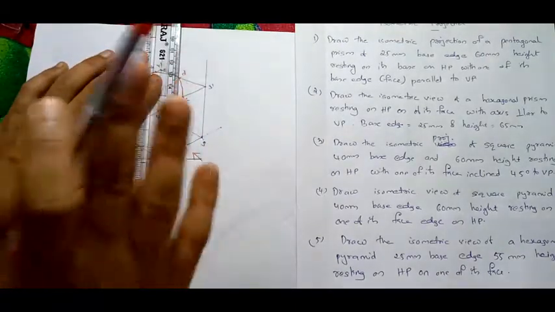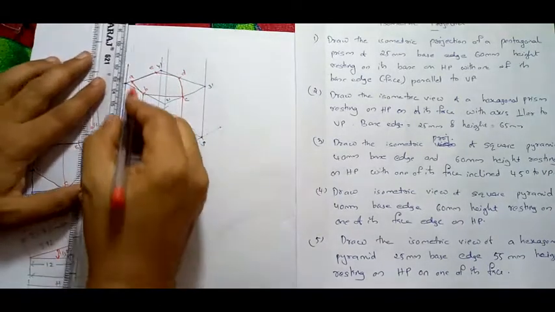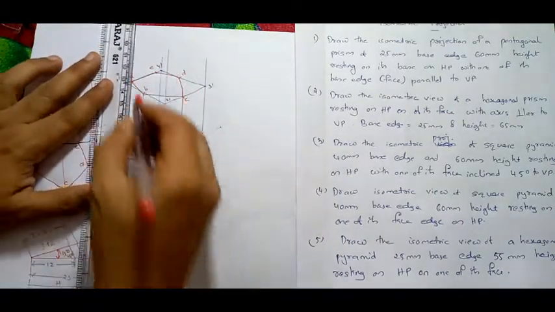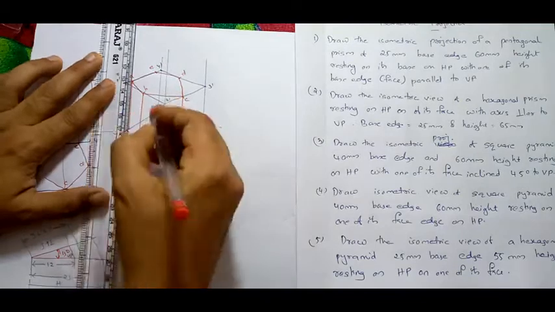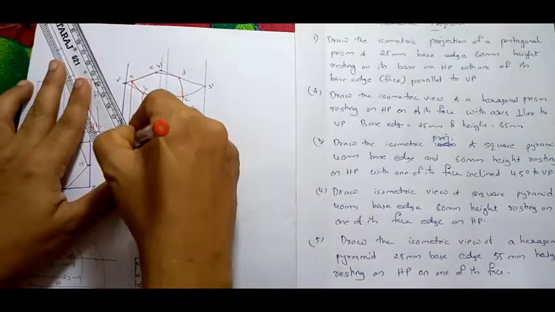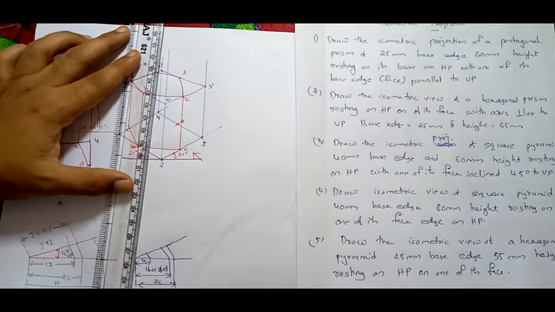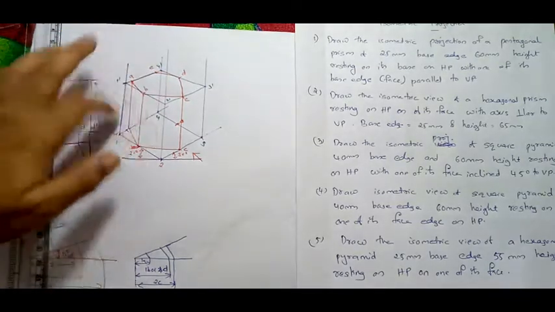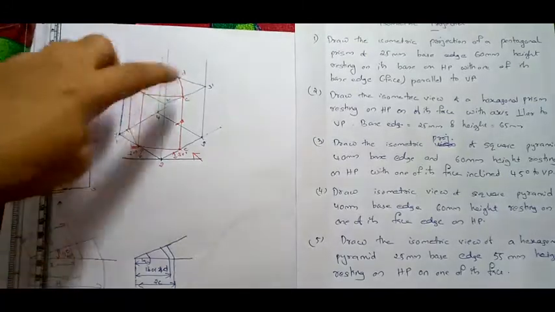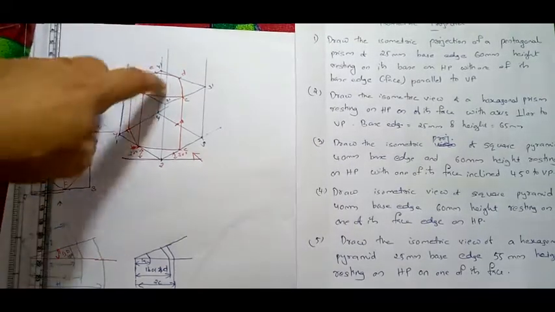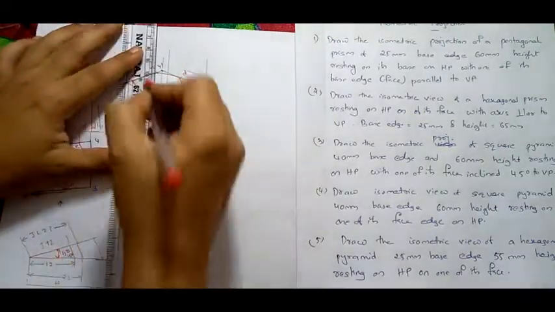So it's not visible. So we will hold it. But A is going out. A is moving outside, right? So first we will draw A and join it here. Now see, this E is inside. So now we have drawn 3 figures. What comes inside these 3 figures will be invisible. See, E is invisible. Why?